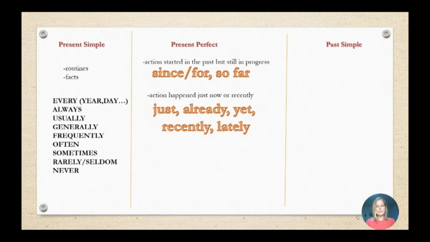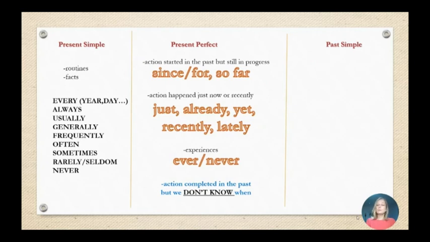Just, already, yet, recently, lately. We use present perfect for experiences as well. When we talk about experiences, we use present perfect, and the words ever and never are usually associated with this use of present perfect. And finally, we use present perfect for an action completed in the past, but we don't know when.